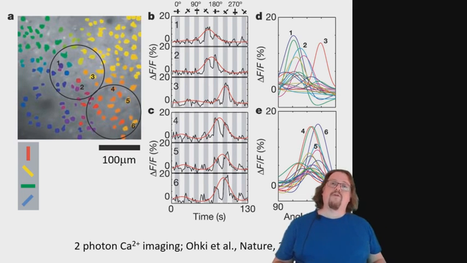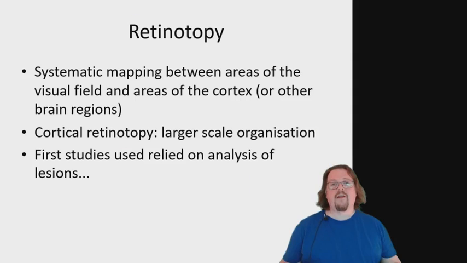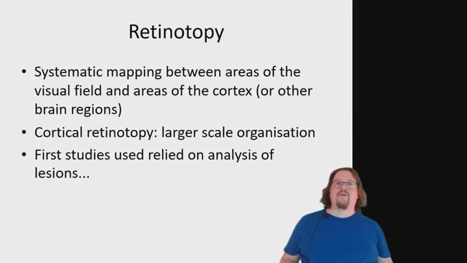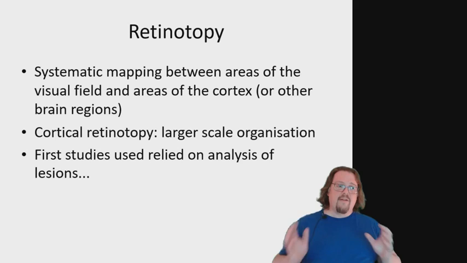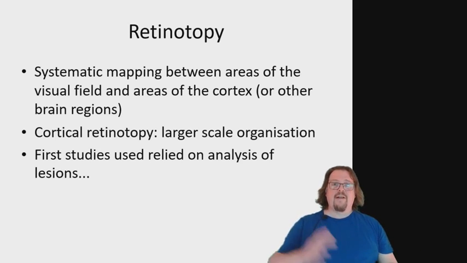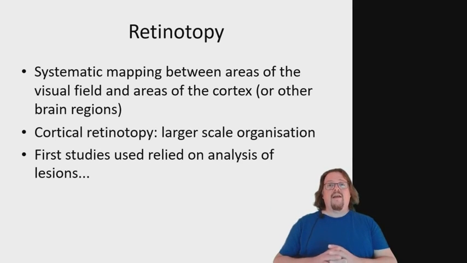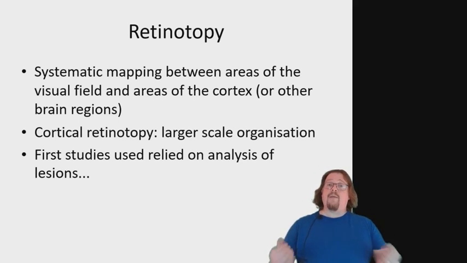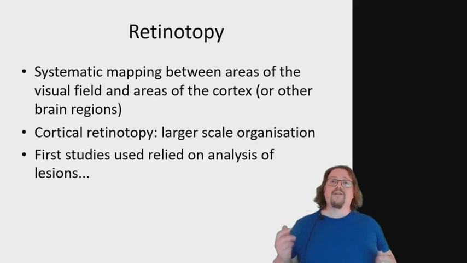But all of the neurons that you just saw are most likely responding to a very small part of the visual field. And we know that because retinotopic organisation, the mapping between the retinal image and the visual cortex, is on a much larger scale. And how do we know that? What kinds of techniques can we use to pick up organisation on that kind of larger scale, millimetres to centimetres?